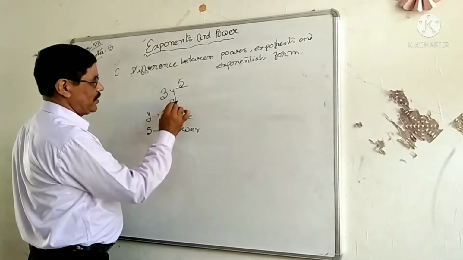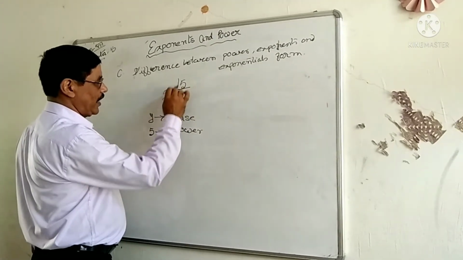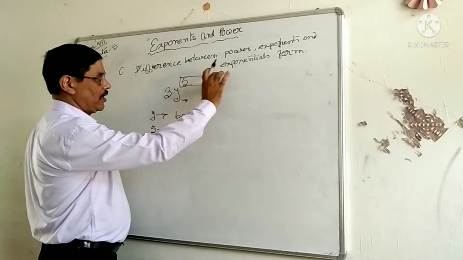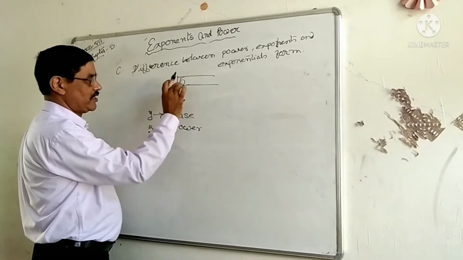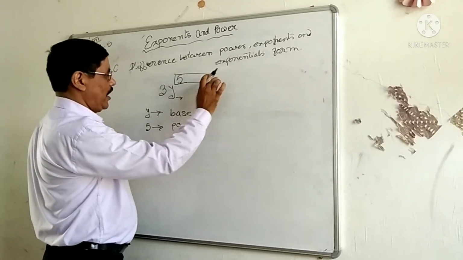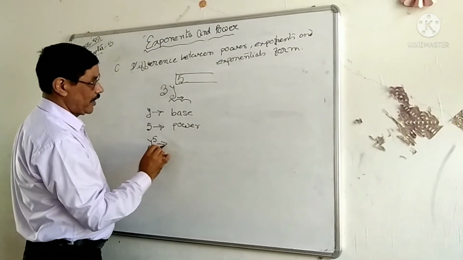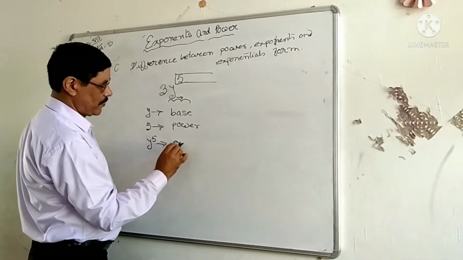This y is the base, and it is known as the exponent also. It is exponent and power. Power is written in the place of exponent. And y to the power 5 is known as the exponential form.